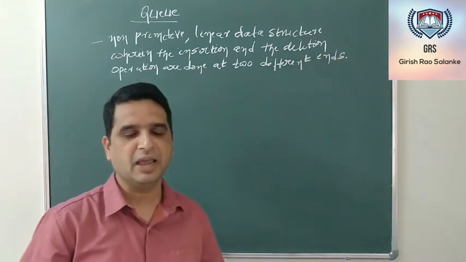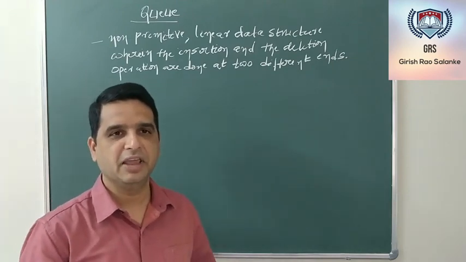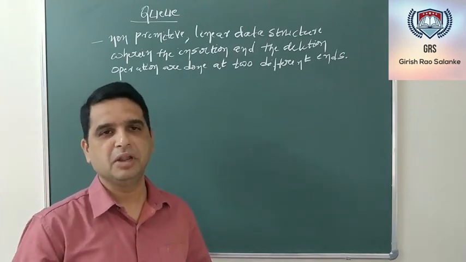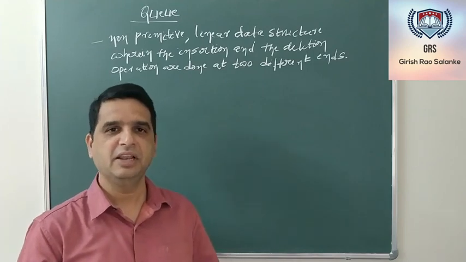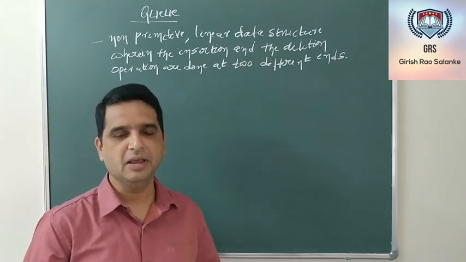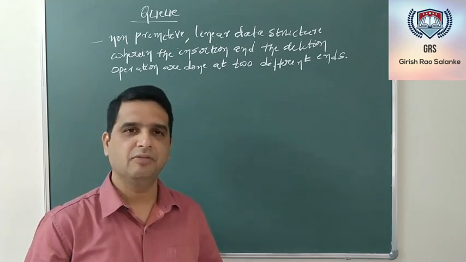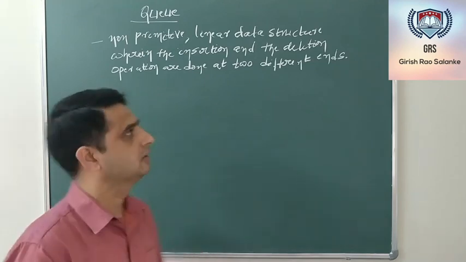Now, as compared to a stack, in case of a stack, we have defined a stack as a non-primitive linear data structure wherein insertion and deletion were done from the same end. Whereas in case of a queue, the insertion and deletion are done from two different ends.